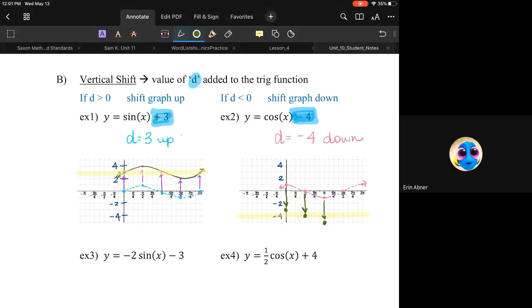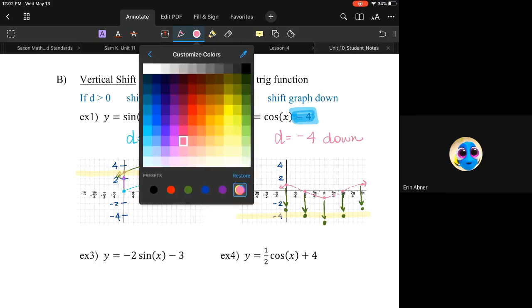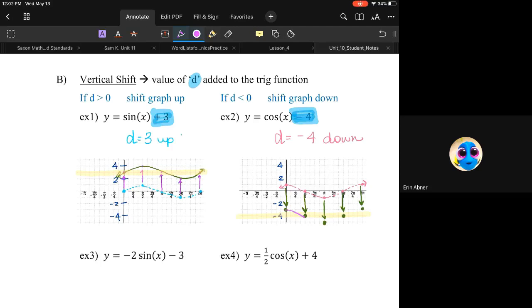Then I'm going to connect my line. Okay, so there's my new graph.